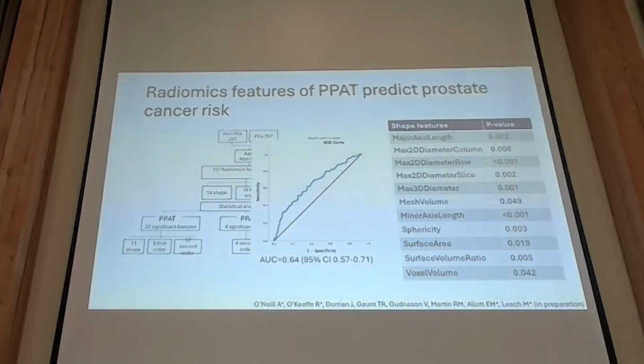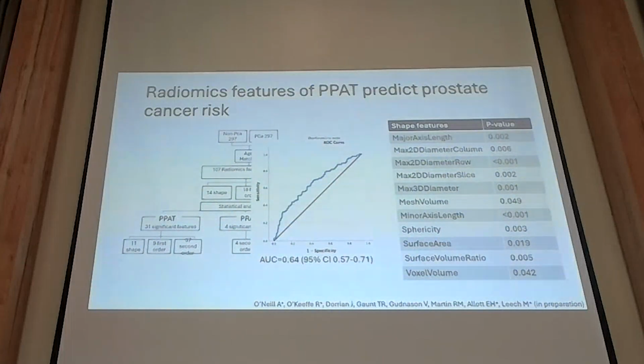They're the most easily biologically interpretable features. You can see features around diameter, volume, sphericity, and surface area that we thought were interesting. And when you put these features together in the model, it produces an area under the curve of 0.64, which is in the region of what PSA can do.